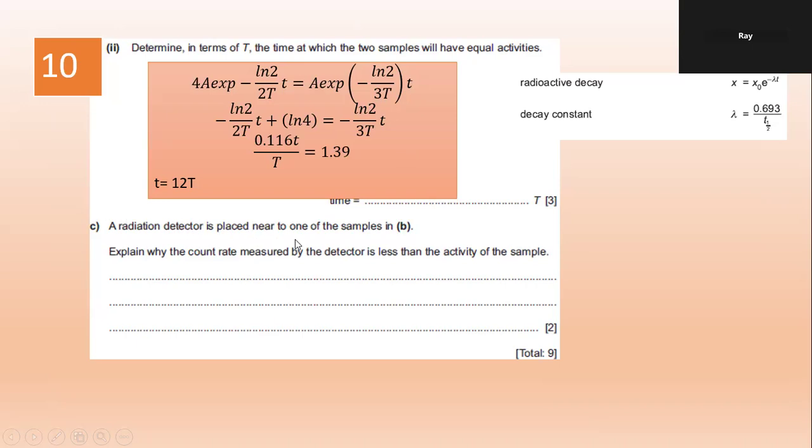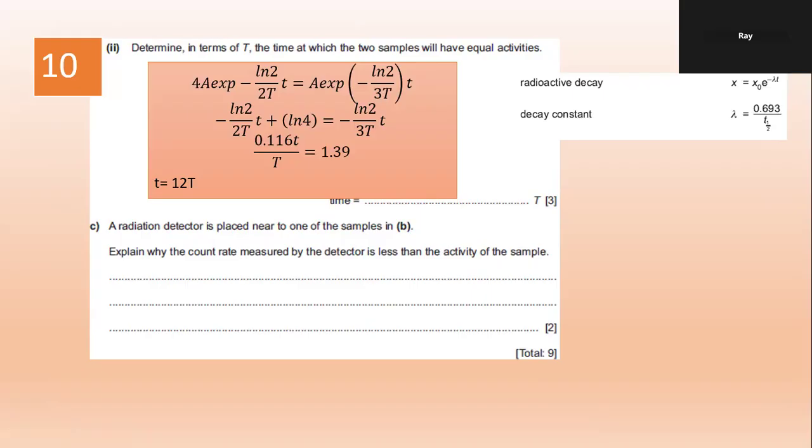Radiation detector is placed near to one of the samples. Explain why the count rate measured by the detector is less than the activity of the sample. Can or not? Less than the activity of the sample, because the basic idea is the radiation and particles are emitted in all directions.